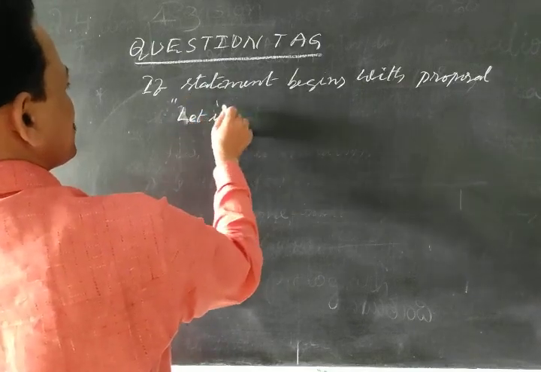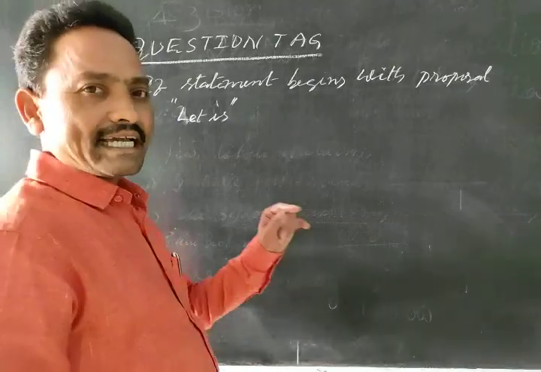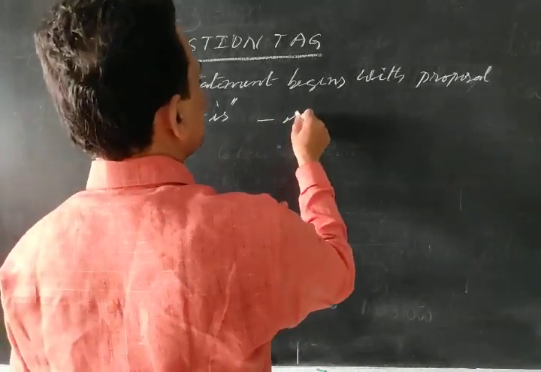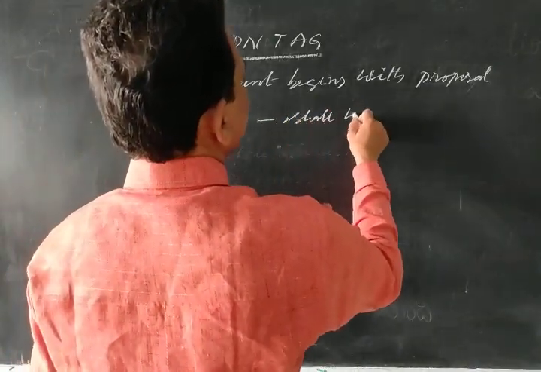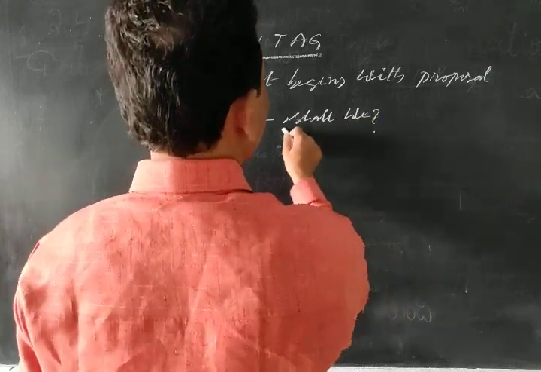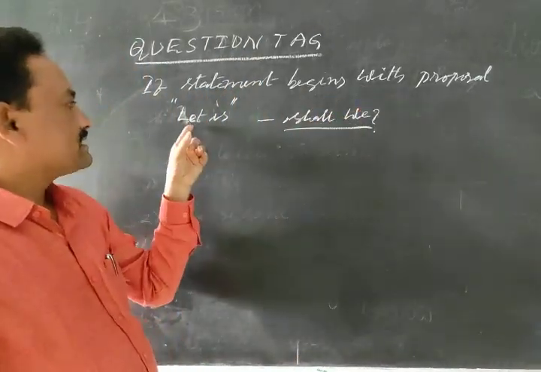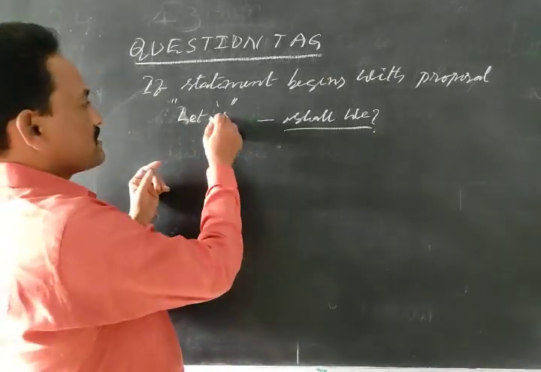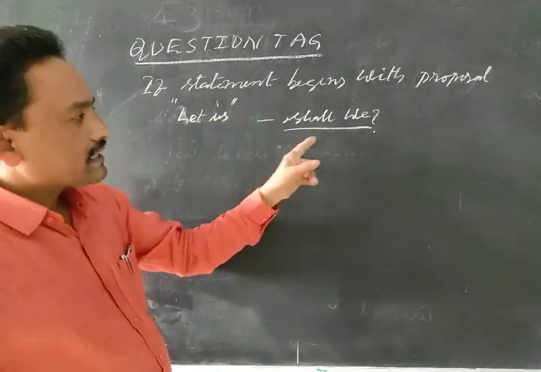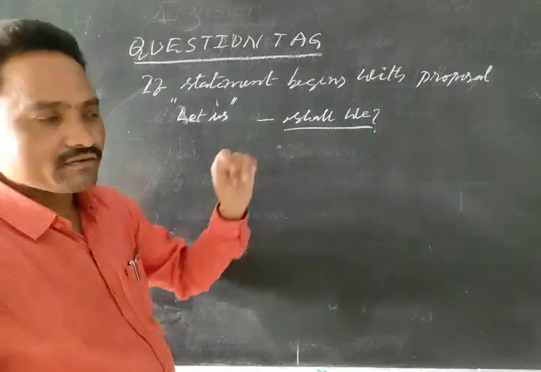"Let us". The question tag ends with "shall we". Remember, if the statement begins with a proposal like the word "let us", the question tag ends with "shall we".